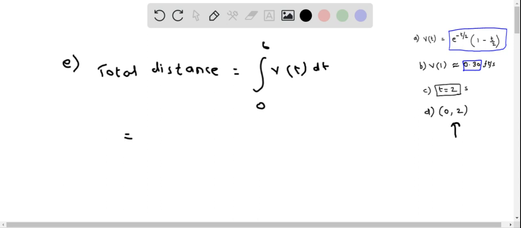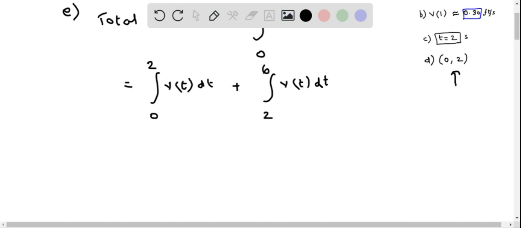So we split this definite integral as two parts. That is from 0 to 2 v of t dt plus 2 to 6 v of t dt. And here we find the antiderivative of v of t.